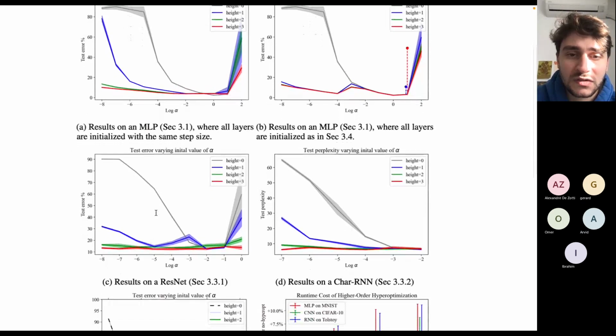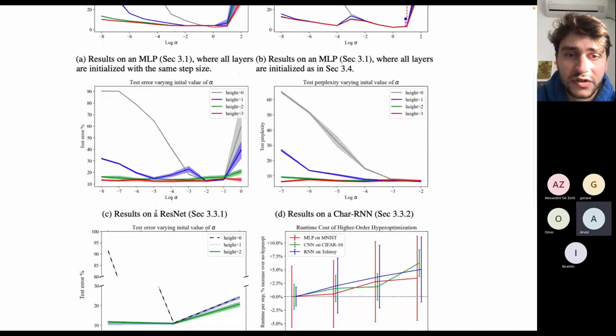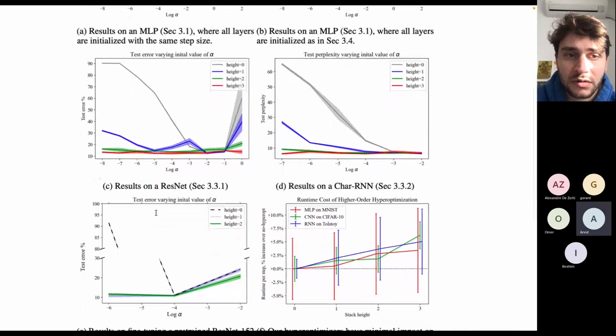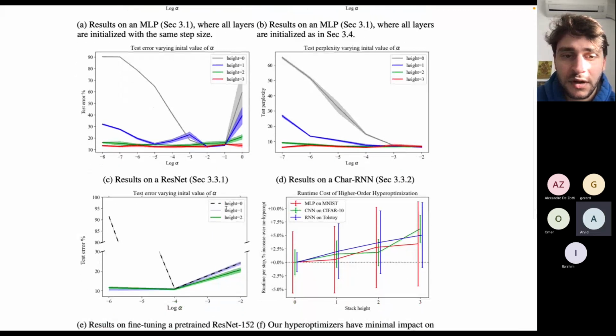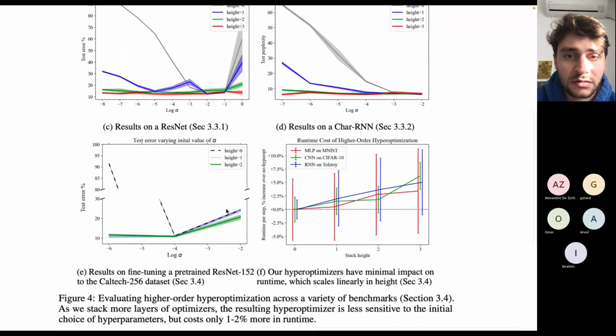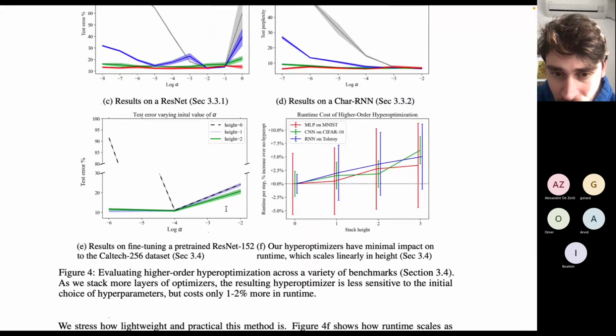And the same is true pretty much across the board, this is for vision, and this is for RNNs.